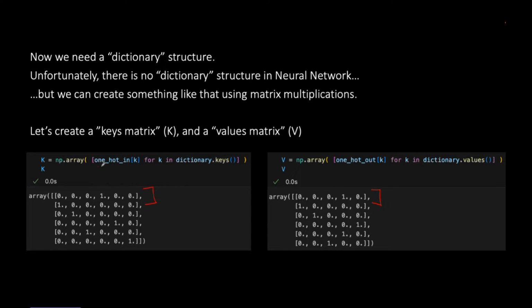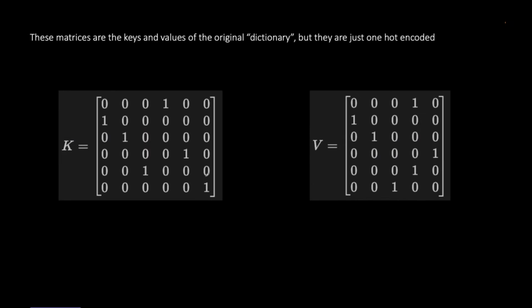If we put all the one-hot encodings for the input vocabulary as the keys, and we do the one-hot encoding for the values of the dictionary, we can put them all together into a matrix like this. And we have two matrices called K and V, where we have the exact same information that we had in the dictionary before, but in the form of a matrix of one-hot encoded vectors instead of strings.